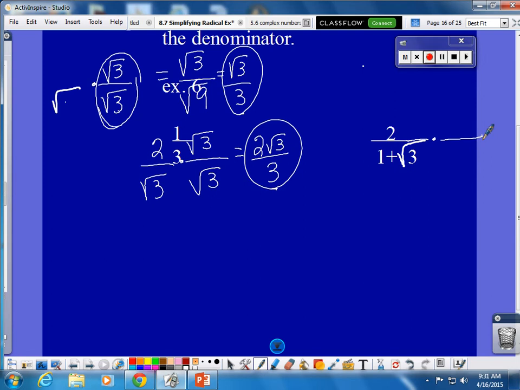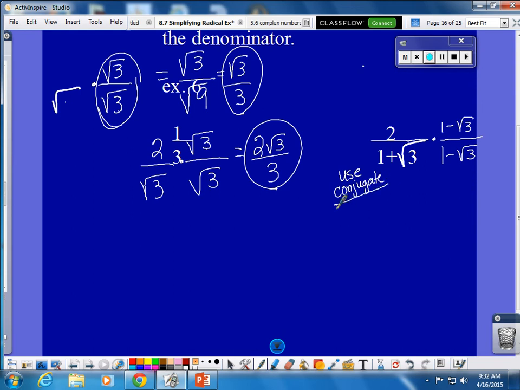Conjugates, think back to ninth grade factoring, the difference of two squares. You have your conjugates like x plus 2 and x minus 2. Conjugates look exactly the same except for their what? Signs in the middle. So if this is 1 plus the square root of 3, its conjugate is 1 minus the square root of 3. So you want to write yourself a note here to use the conjugate.